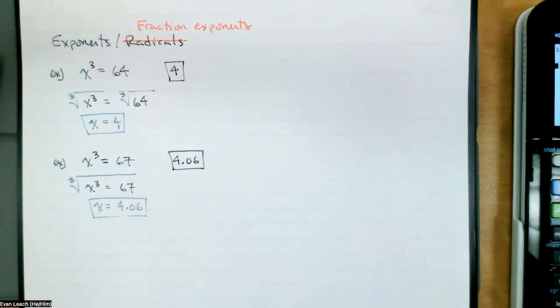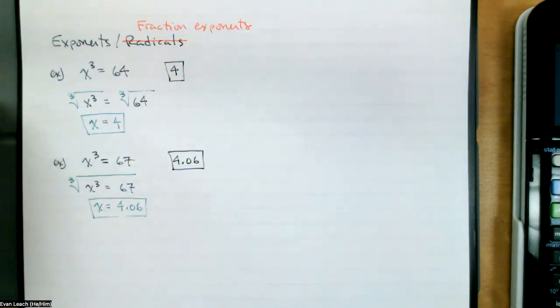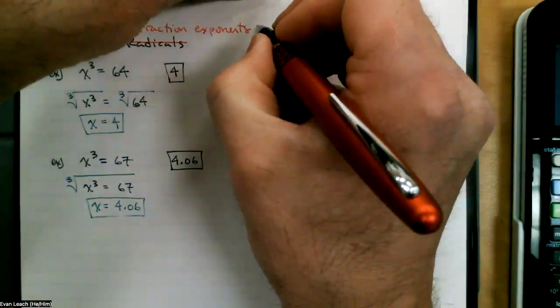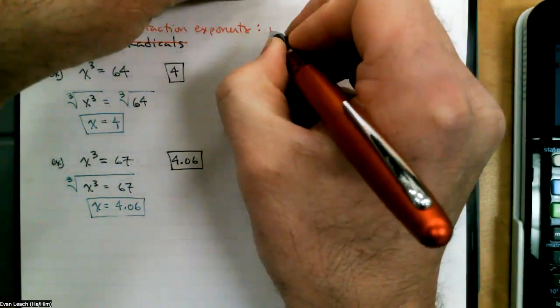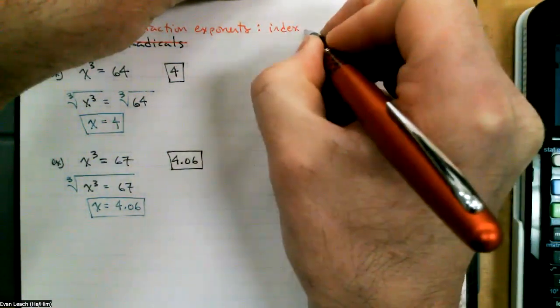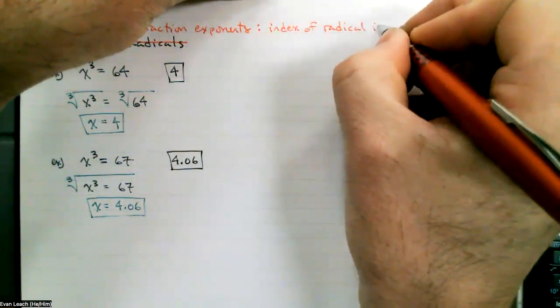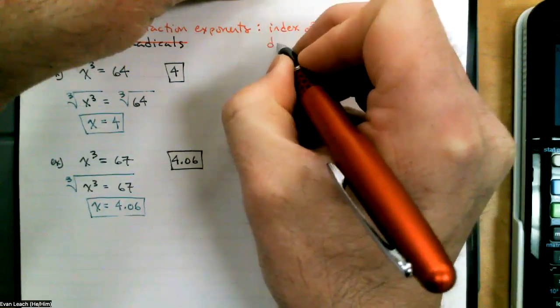So what we want to do now is think of radicals not as this weird radical notation, but as fraction exponents. Radicals are fraction exponents.